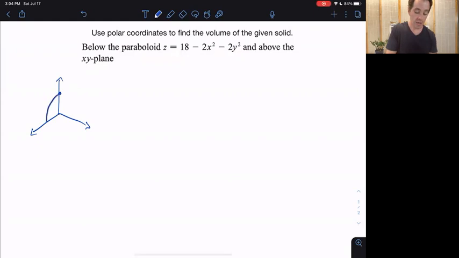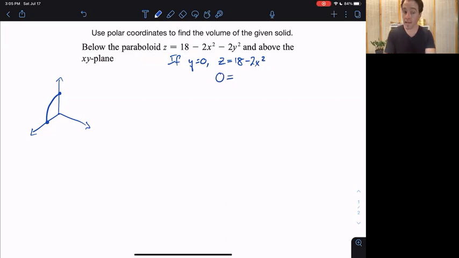It's going to curve down parabolically and hit right there. Along the xz plane, which is where it's going to hit the x-axis, y is 0 the whole time. So this will happen when, if y is 0, then z equals 18 minus 2x squared.